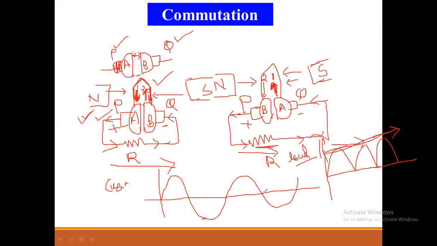That means reversal of direction will happen, and the current flowing from load or the current flowing from external circuitry will be unidirectional.